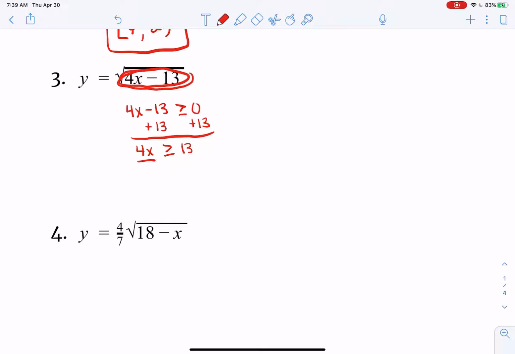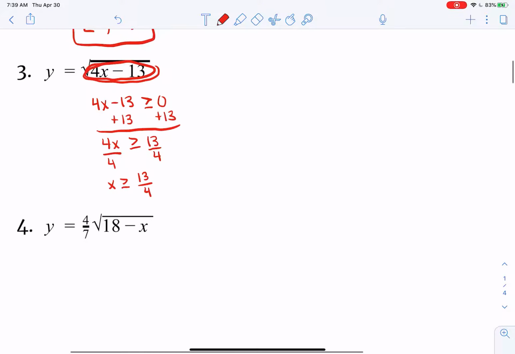Then we divide each side by 4 to isolate the x, and we get x is greater than or equal to 13 over 4. So 13 over 4 is the left-hand limit, the smallest number it could be, and the biggest number it could be would be infinity.